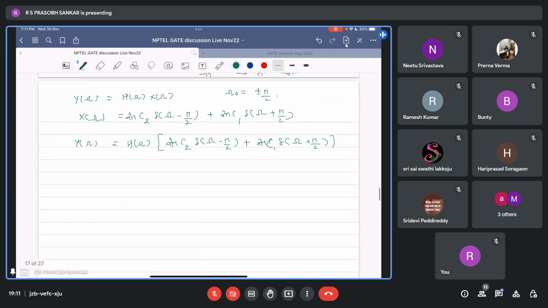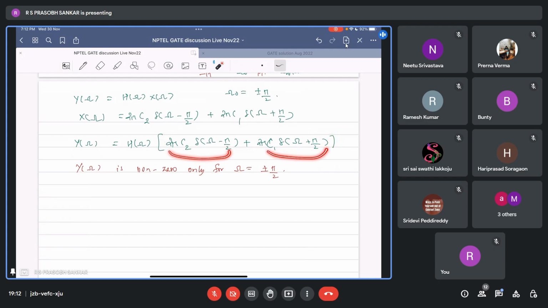Now if we see this expression, this output Y of omega will be non-zero only for omega equal to plus or minus pi by 2, because for the remaining values the input doesn't have any component, so the multiplication will be 0.